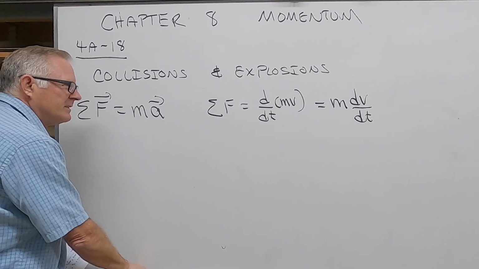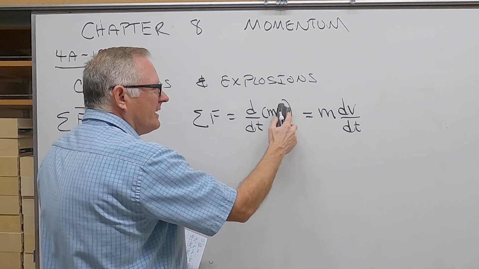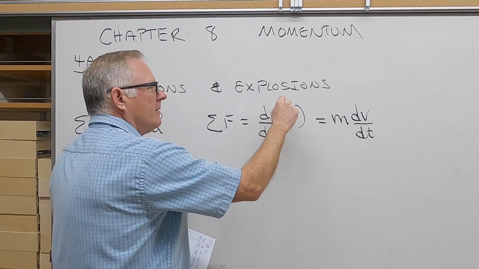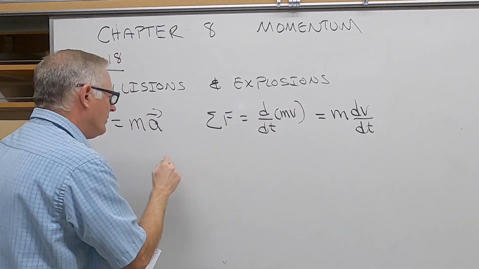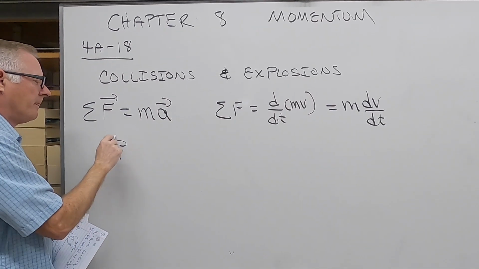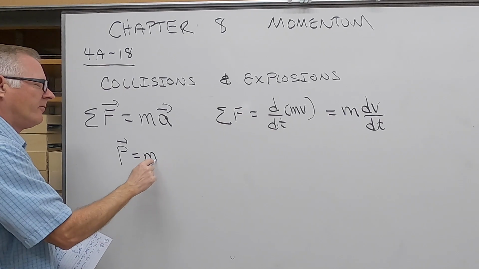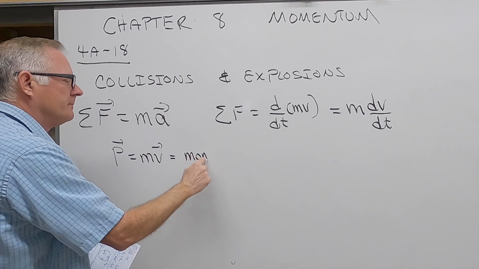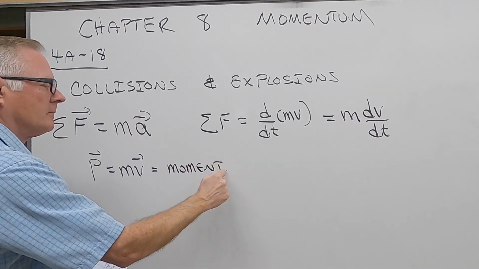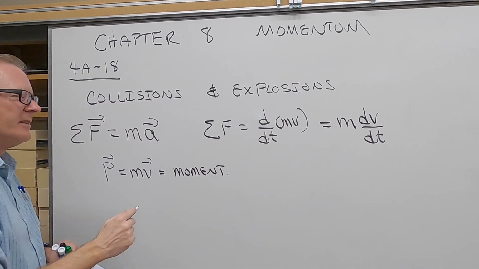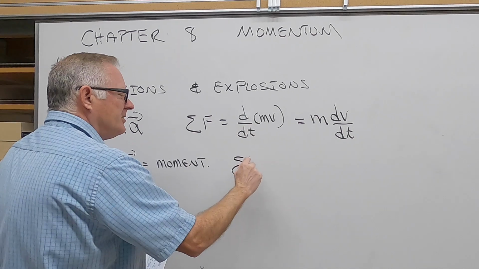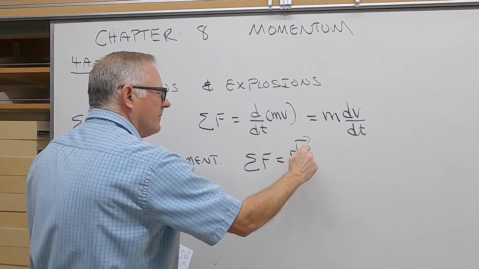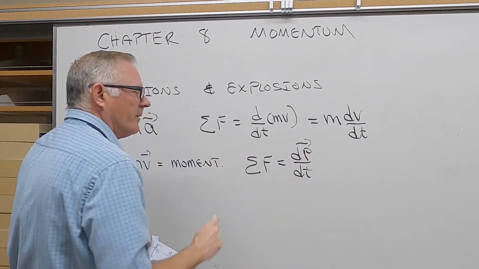So what Newton said is, why don't I give this mv a name? I'll call it P, momentum. So let's call P equal to mv, and we'll call it momentum. That way, Newton's second law just becomes the sum of the forces equals the change in momentum with respect to time.